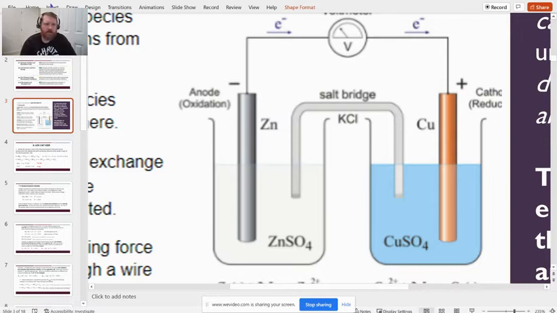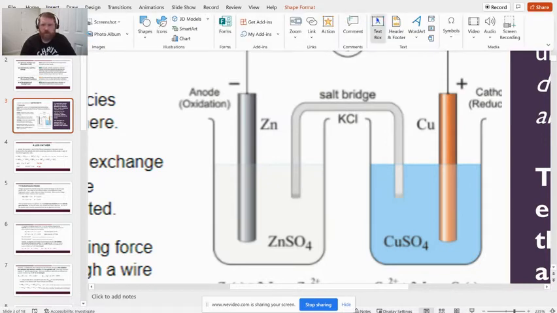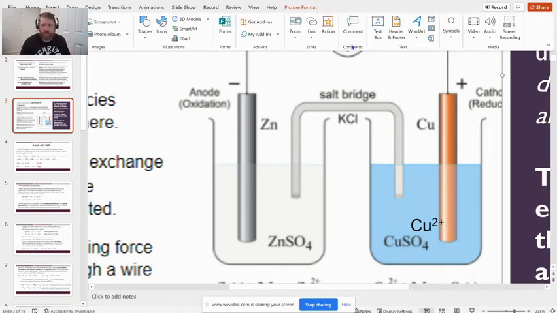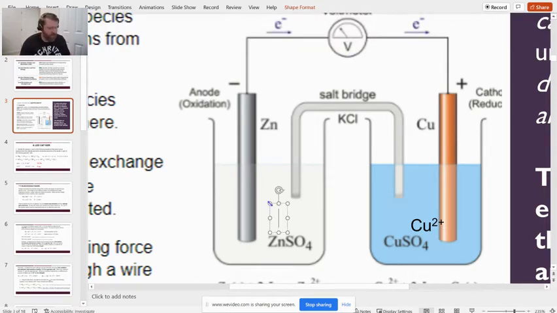And in this solution, we have copper ions, Cu2+. And then in this solution, we have zinc ions. Both of those, because they have a positive charge, would be pulling on the electrons.